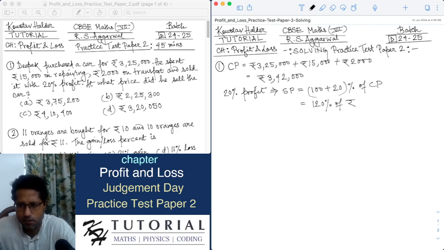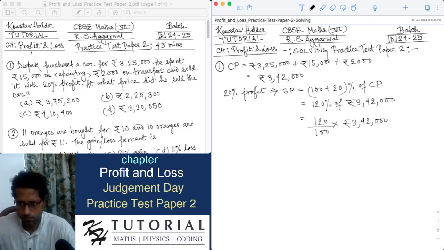The effective cost price is 3,42,000. Now 120% means 120 divided by 100 multiplied by rupees 3,42,000.